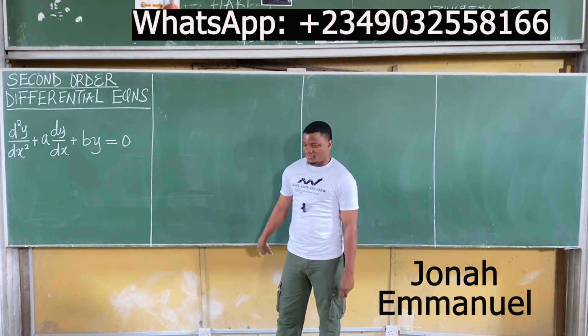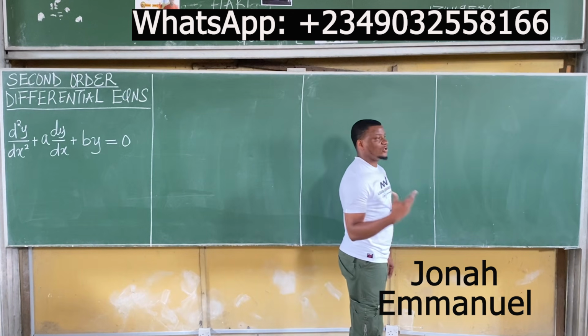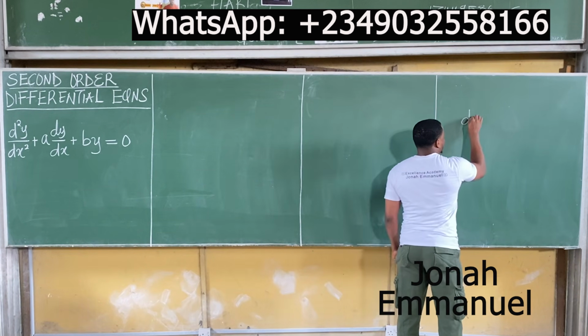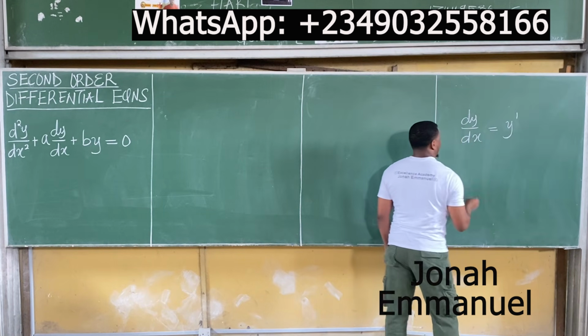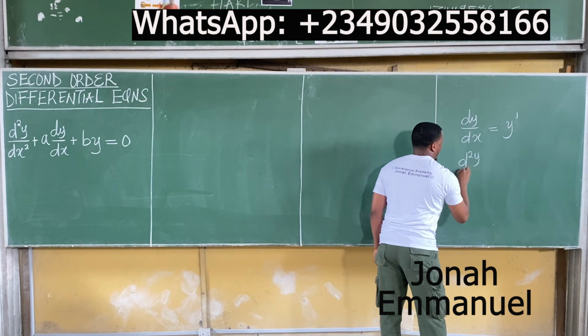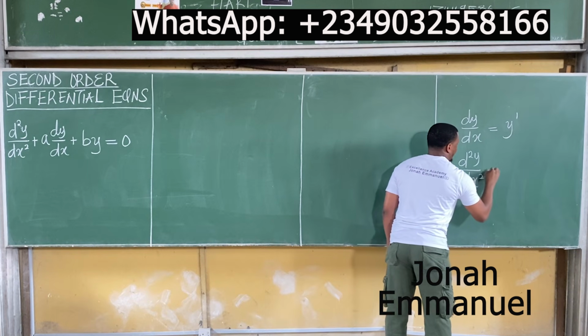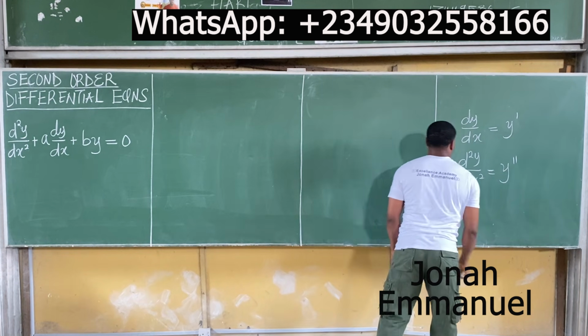order differential equation. Now, from our previous class on calculus, we knew that dy/dx can also be written as y prime, and d squared y over dx squared can also be written as y prime prime.